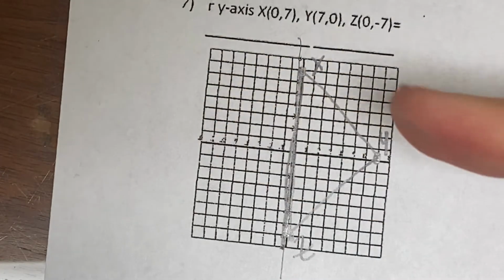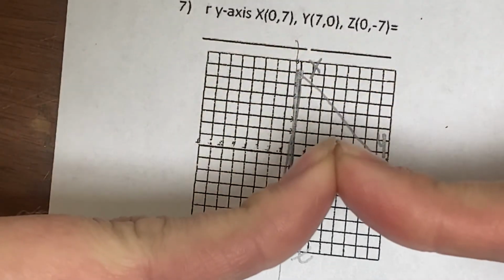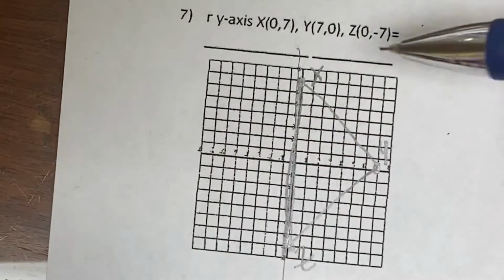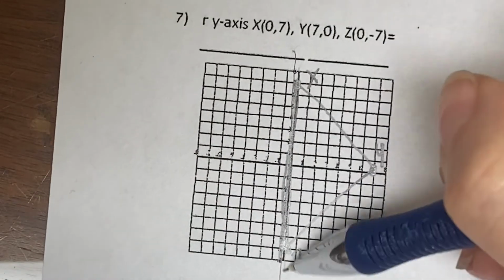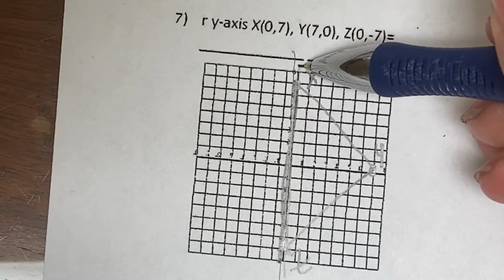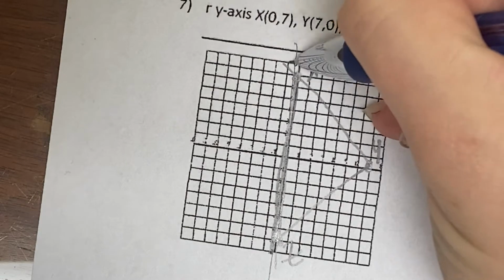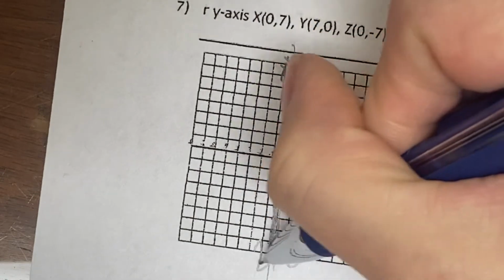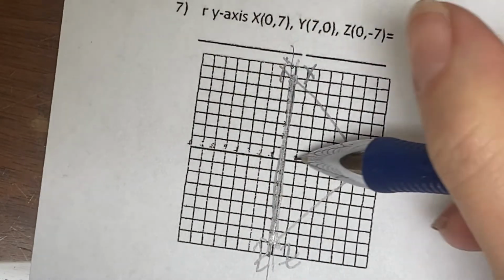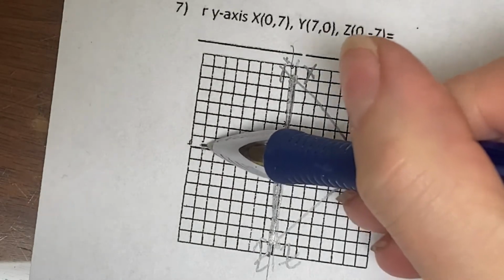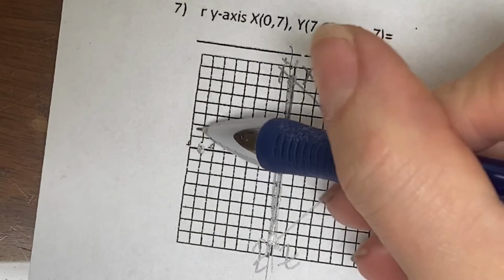If you touch the mirror, your finger touches your reflection. So if you are touching the line of reflection, it's going to stay in the same spot. So x and x prime will be in the same spot, and z and z prime will be in the same spot. Y, if it went over 7, is going to come this way, 7. And that would be Y prime.